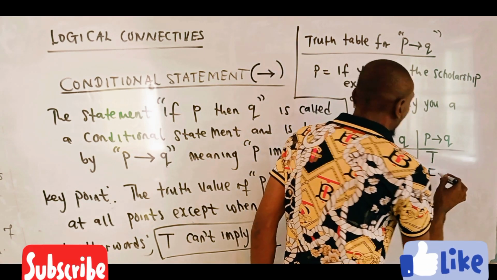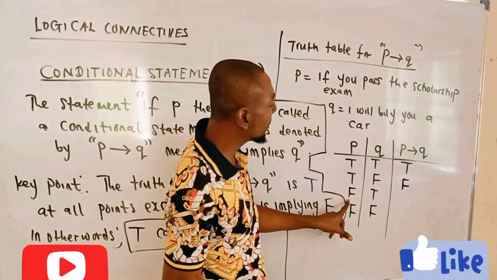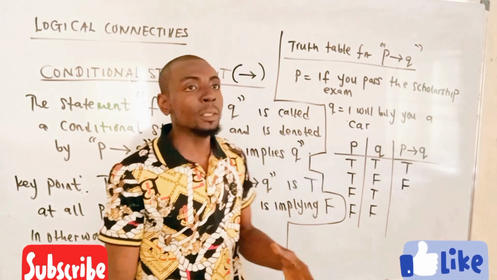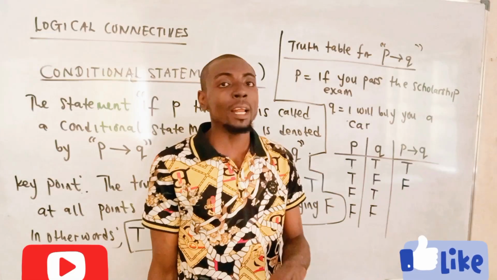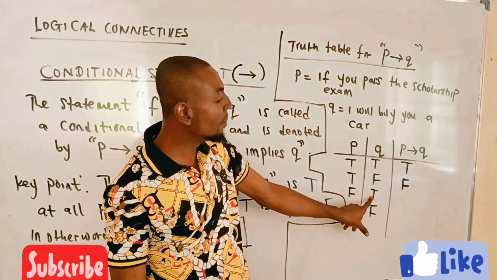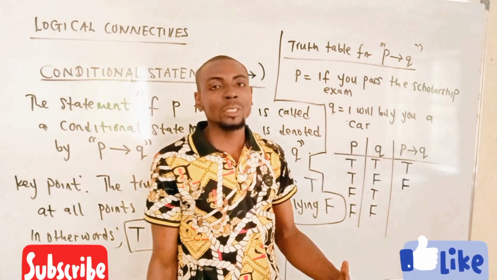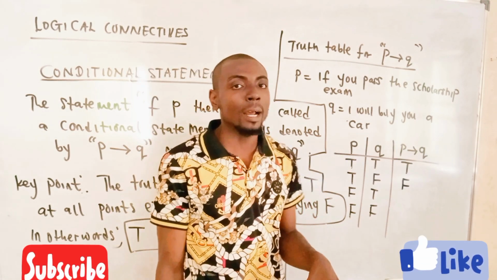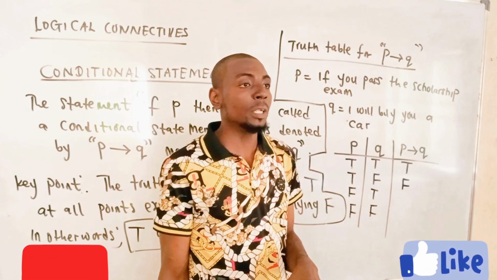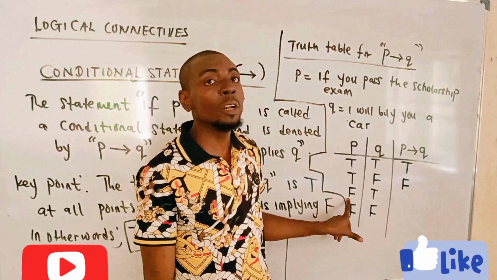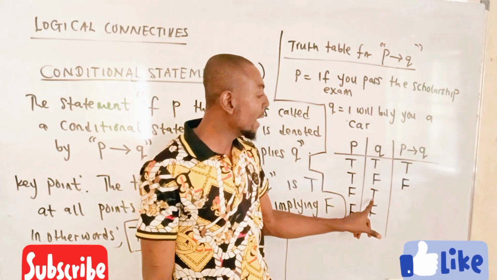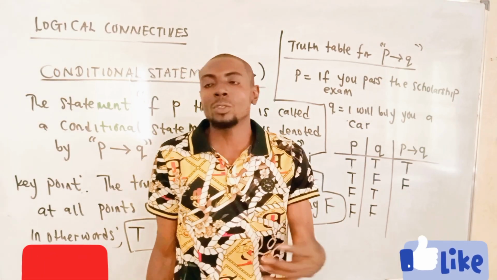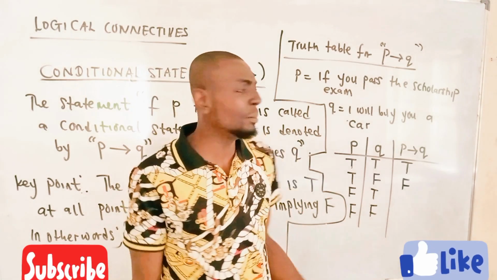F. Here you failed the scholarship exam, and of course it doesn't mean that the initial statement P implies Q has failed. It is still valid, okay? Because you failed the scholarship exam, I can even start hyping that I even plan to get you a house to join the car, simply because you've already failed.